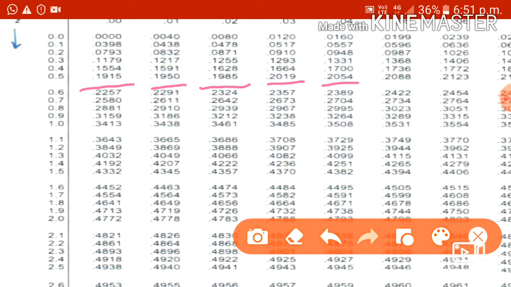If we have to find 1.1, which is the first one, 1.11 is this, 1.12 is this, 1.13 is this. If we have to find 1.85, it is here. So for different values of z, we can get A of z.